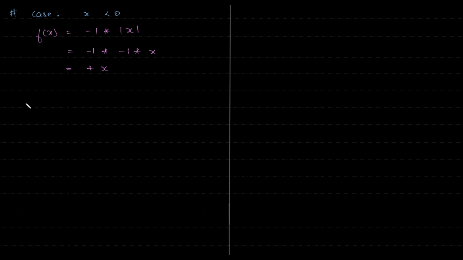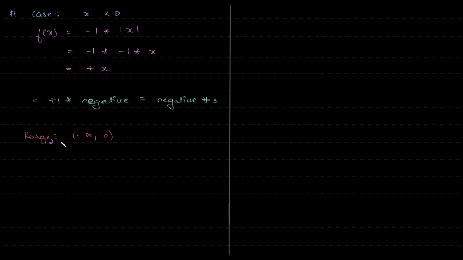Now positive 1 into a negative number, because x is negative, remember. So what do you end up with? You will be getting negative numbers only. So your range is minus infinity to 0 excluding 0. Agree?